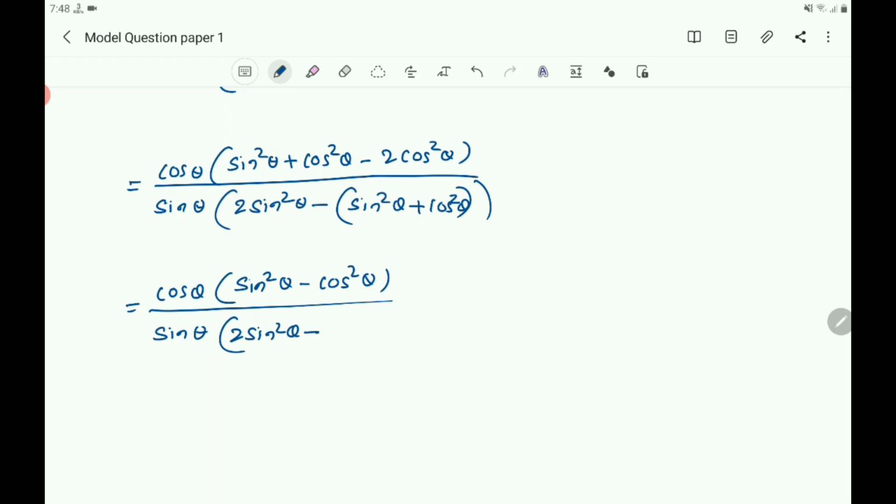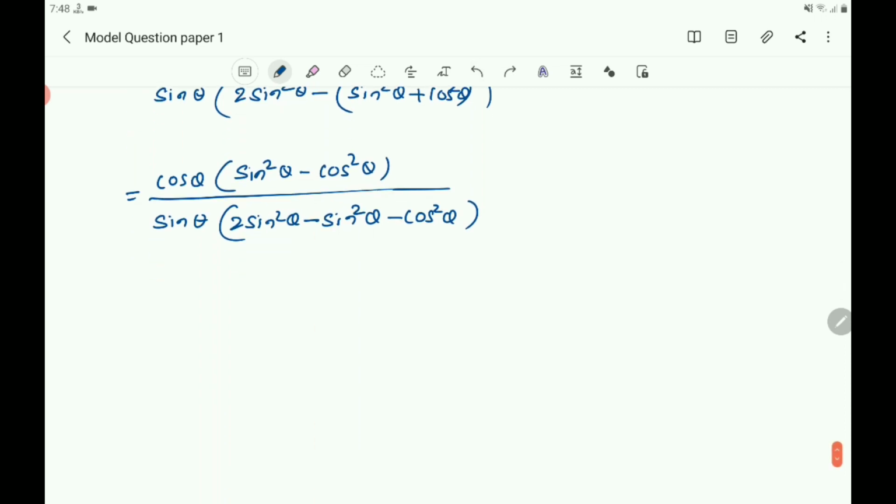If the bracket is open, it becomes sin square theta minus cos square theta. Here this becomes minus.